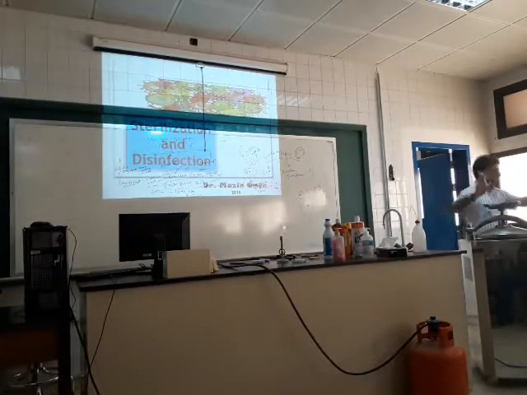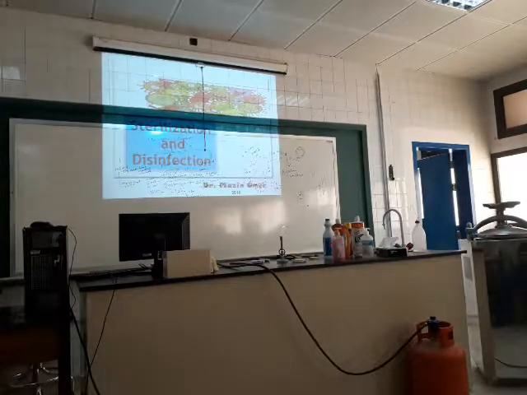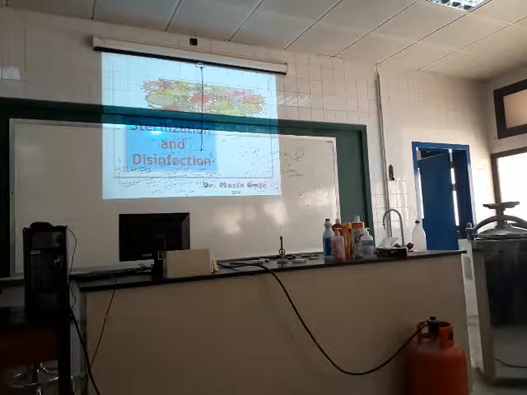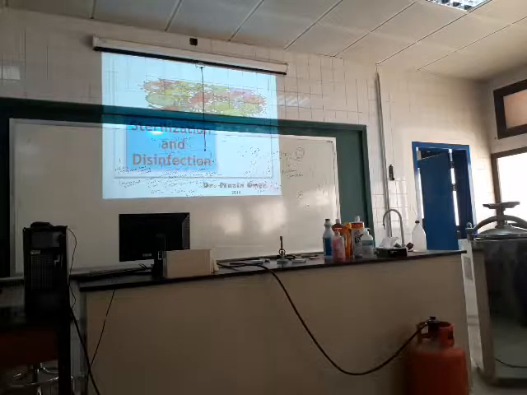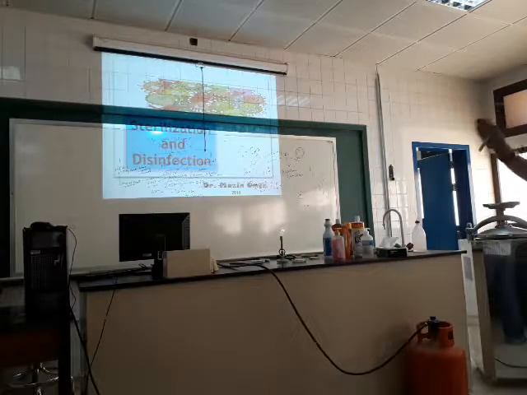Very good. Or if this picture is in the exam, what is this? It is a hot air oven. The principle is heat, 160 degrees Celsius for 2 hours, or 3 hours, 20 minutes, 60 minutes, whatever. The last one is UHT, ultra high temperature. This is particularly used for milk in milk factories.